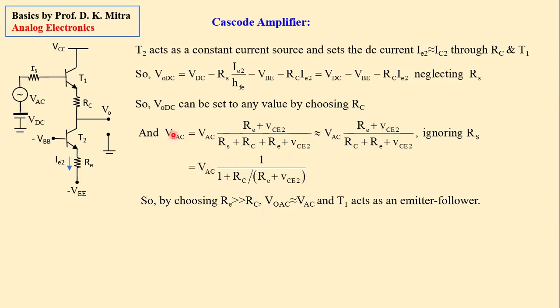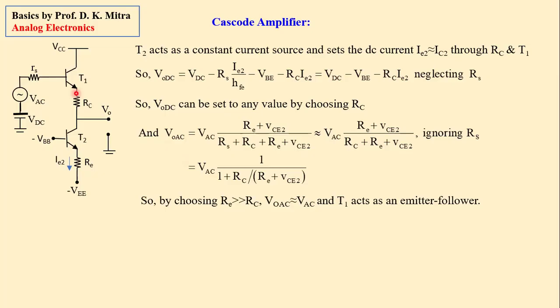In that case, VOAC becomes equal to VAC. So, output AC signal here is same as the input AC signal here, like an emitter follower, right?